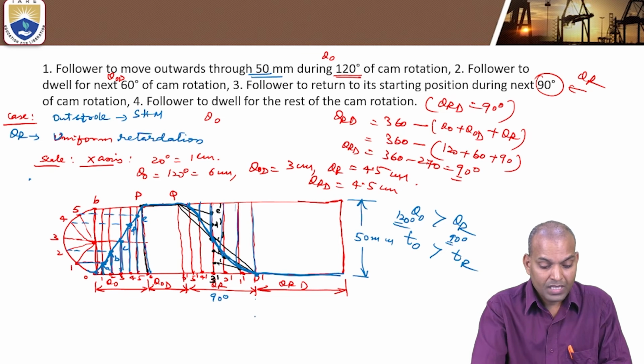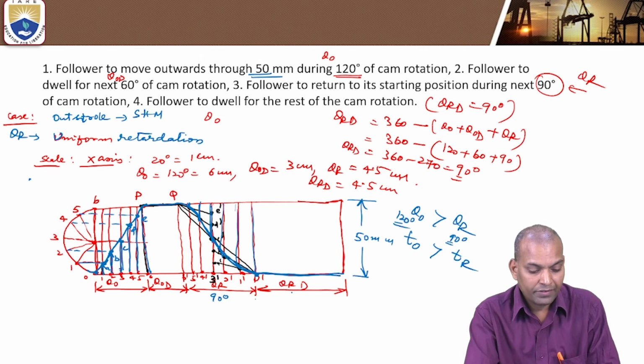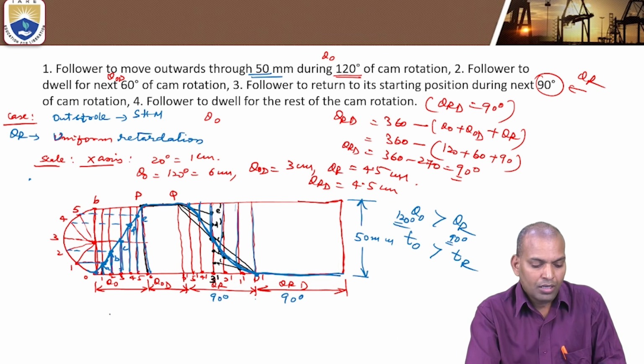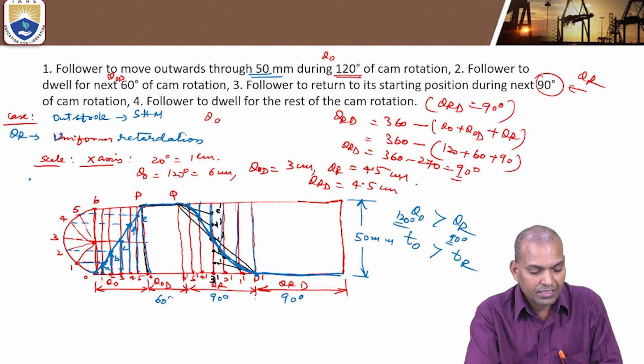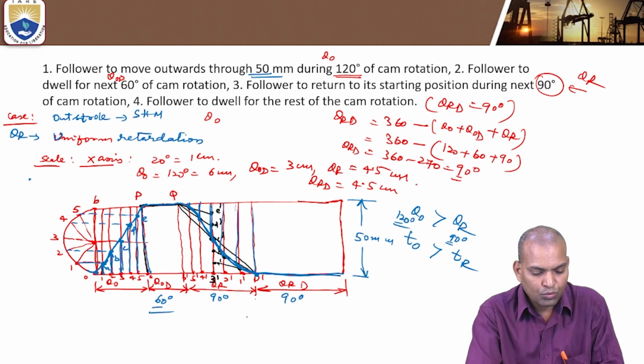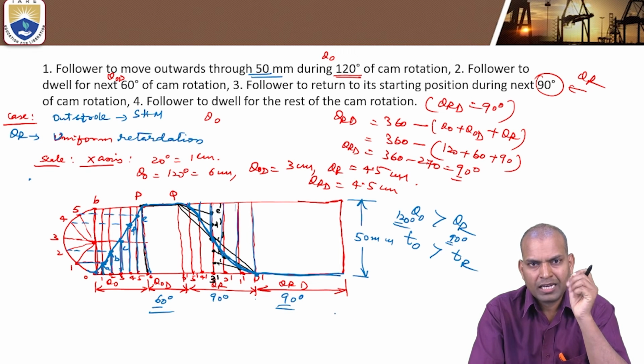Okay, and the dwell also. The dwell after the return stroke is 90 degrees. But how much is the dwell next to the outstroke? 60 degrees. Here, there are two dwells. One is the dwell next to outstroke, another is the dwell next to return stroke.